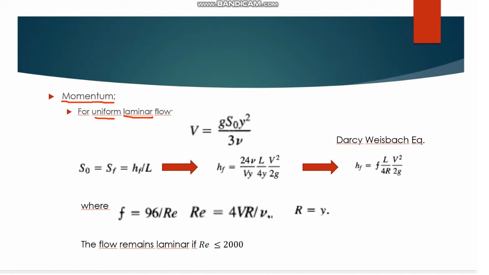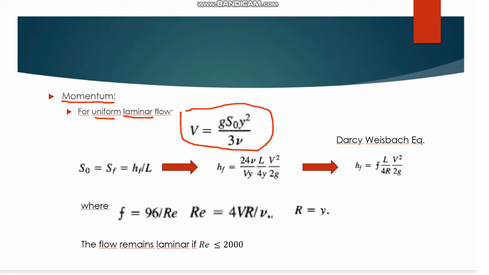For this uniform laminar flow, we have a formula for the velocity: V is equal to g multiplied by the slope, the depth squared, over 3 times the kinematic viscosity.